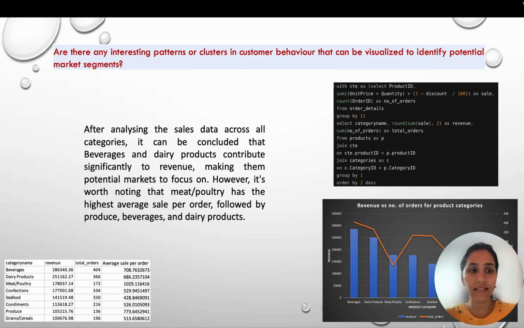So we get the insight that beverages and dairy products generate more revenue, but meat and produce have the maximum average sale per order. So we can say that beverages, dairy products, meat and produce are good sources of revenue, good product categories for more revenue.